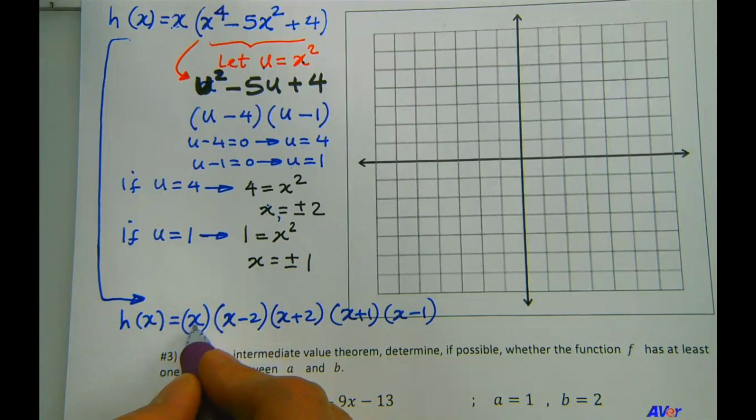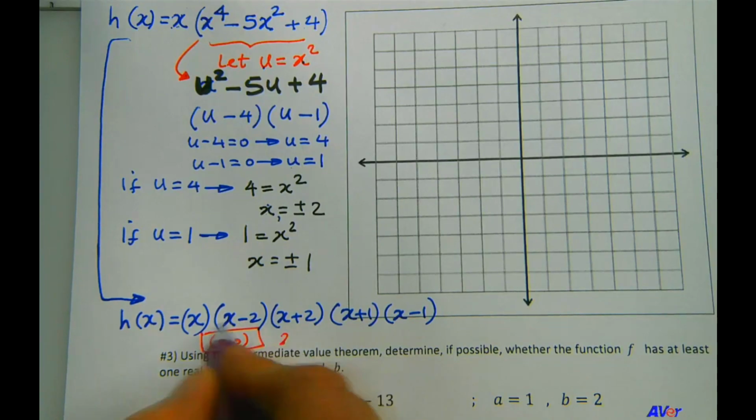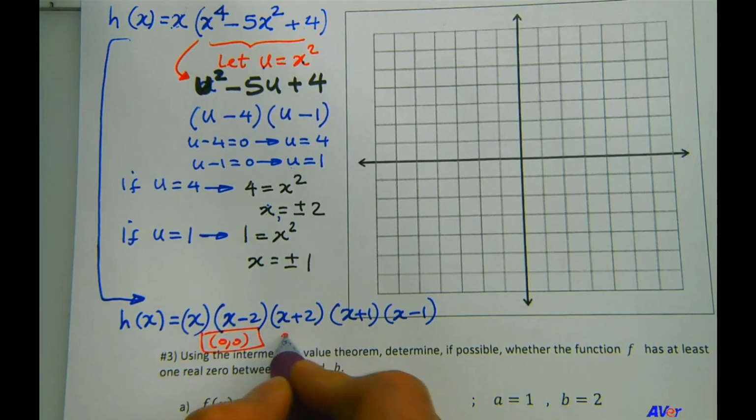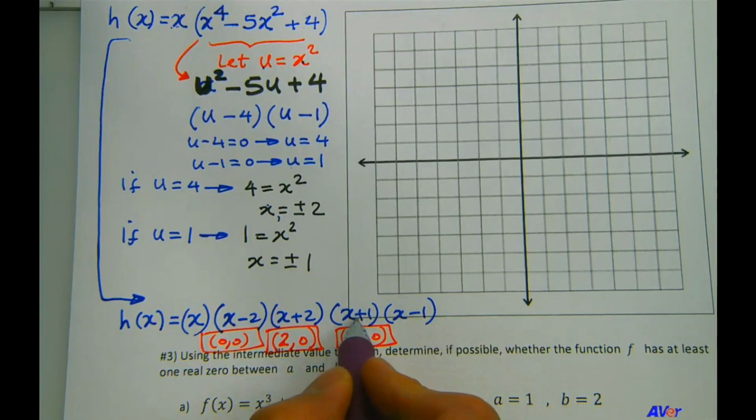So at x equals 0, we have 0, comma 0. That's one of the zeros of the polynomial. X at 2, comma 0, right? Set this equal to 0, solve for x. What do you get? You get 2, comma 0. Set this x plus 2 equals 0, you get minus 2, comma 0, another 0 of the polynomial. From this factor, x plus 1, set it equal to 0, solve for x.